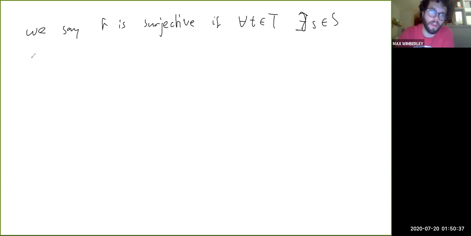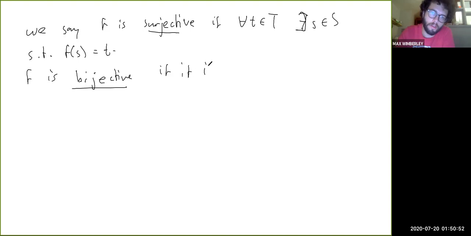So there exists an s such that f of s equals t. Then f is bijective if it is both injective and surjective.